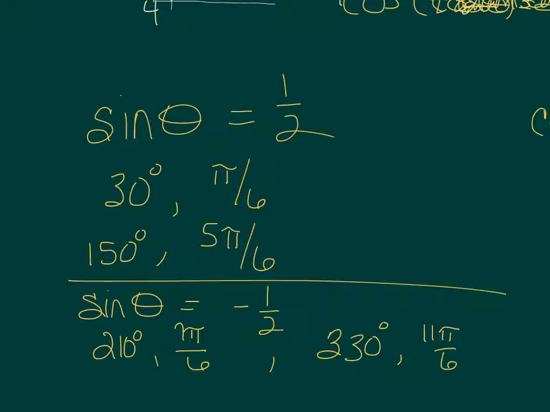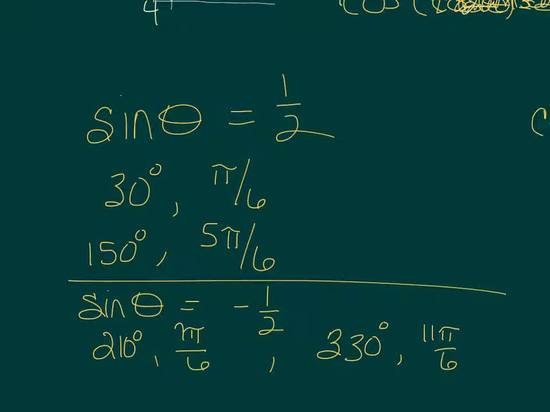If you think about what the reference angle is, it's pi over 6, or 30 degrees, which tells you if it's positive, it's first quadrant or second quadrant. Once you know what the reference angle is, then it's real easy. Subtract from pi, or subtract from 180 degrees. If the values are negative, you know you're in third quadrant or fourth quadrant, so you add pi over 6 to 180, or subtract it from 2 pi.